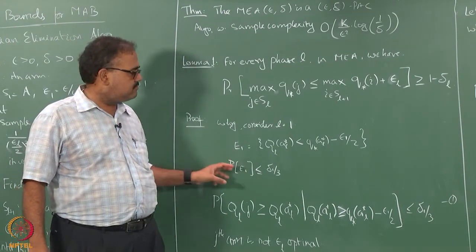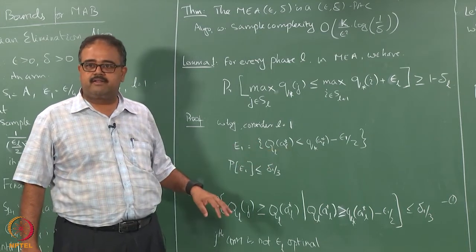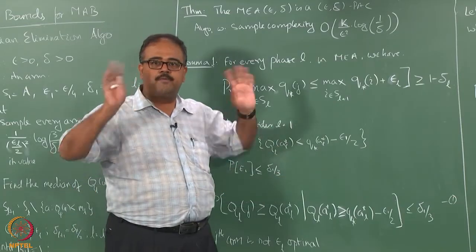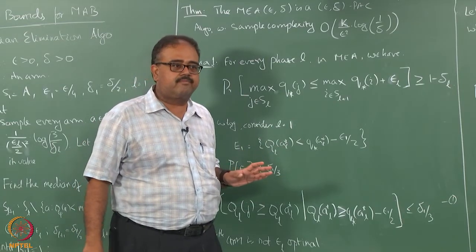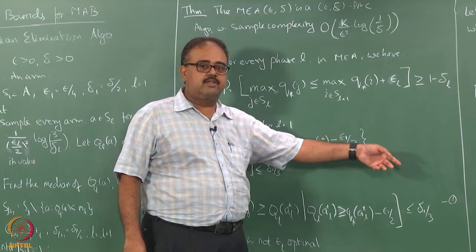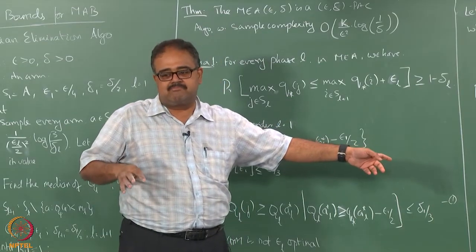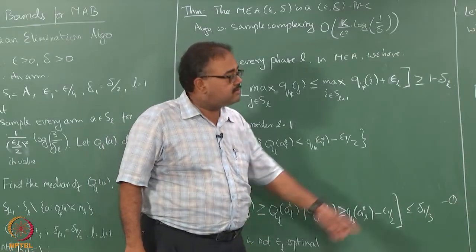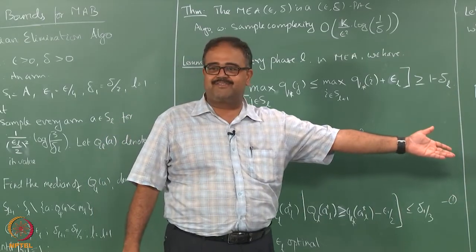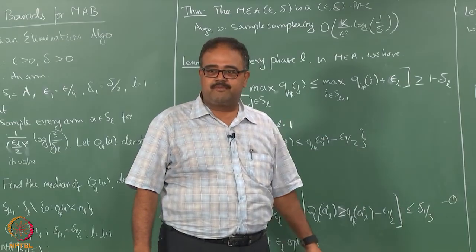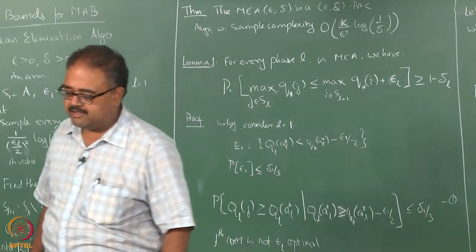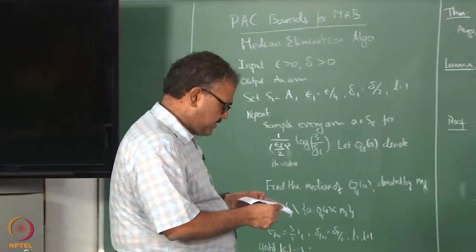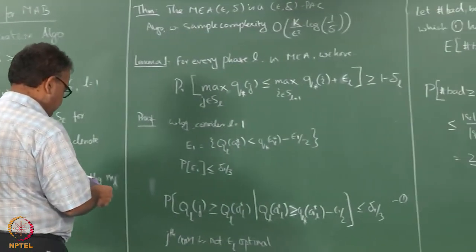So E1 is also a bad event, right. All of this is bad and E1 is also bad. So what is the total probability of something bad happening? The two together, use the union bound. If you want to use a fancy term, we use the union bound and say the probability of something bad happening is bounded by delta 1.